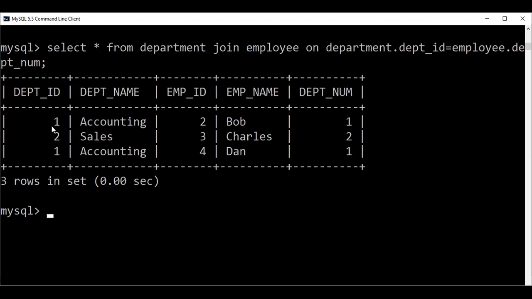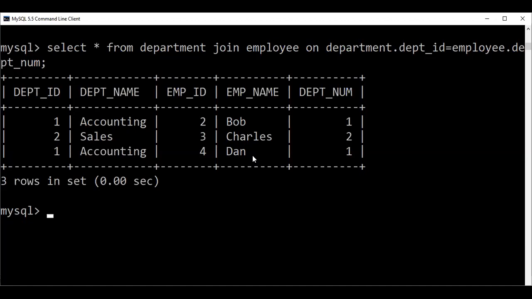Under sales, which employee is working? 3, and his name is Charles. Under accounting, again, 4 is working, and his name is Dan. Because under accounting 2 employees are working, one is Bob and one is Dan.